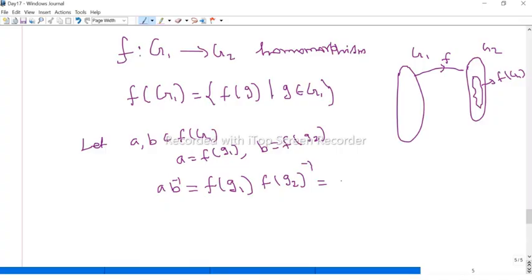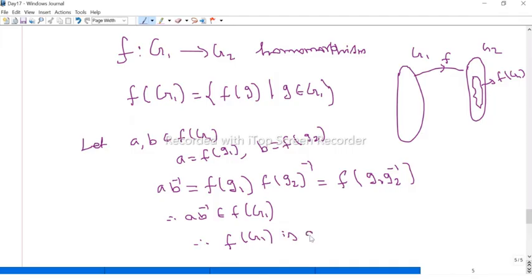We can take the inverse inside, using that f is a homomorphism, and we get f of g1 g2 inverse. Therefore a b inverse can be written as f of some element in G1, so a b inverse belongs to the image. Therefore the image of the set is a subgroup.